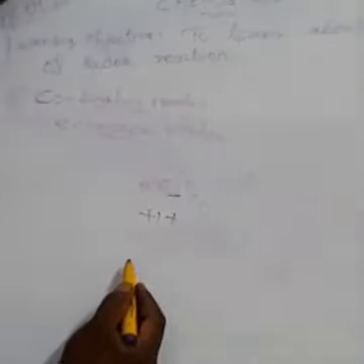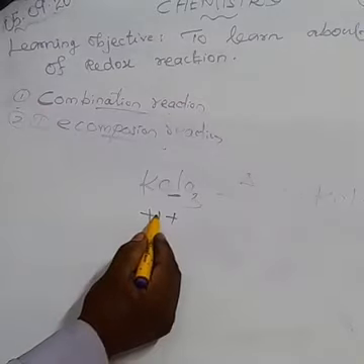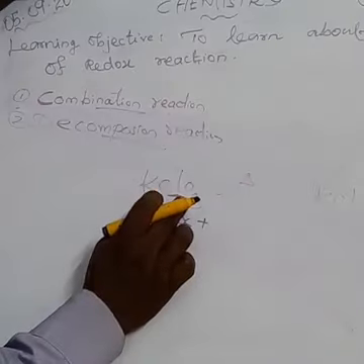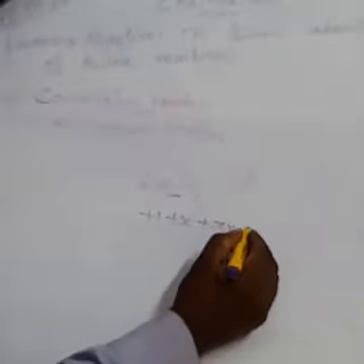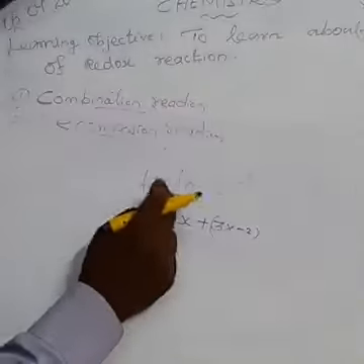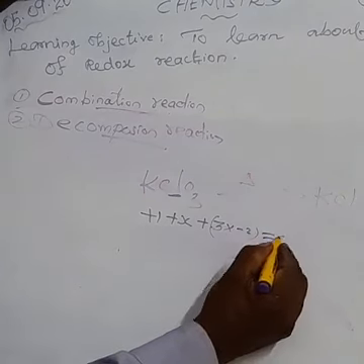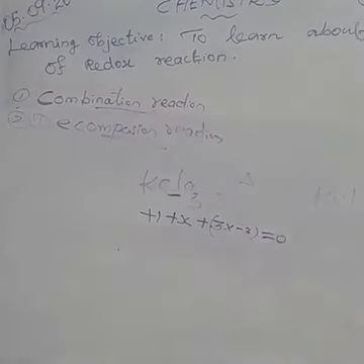We should find out the oxidation state for chlorine: +1 plus x, plus how much oxygen is there? 3 oxygen, so 3 into -2. This compound has no charge, so it equals 0. Clear?